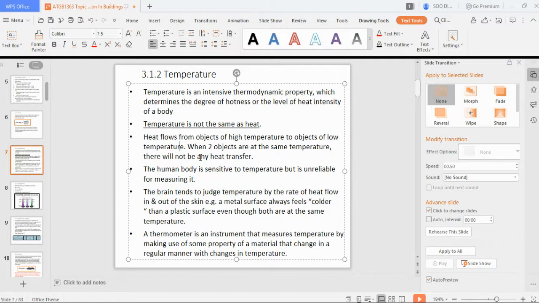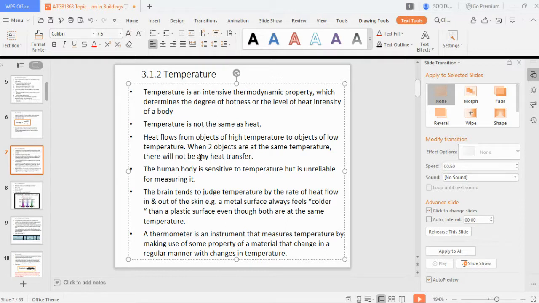So 0 degrees can be a very cold temperature to us, but if you were to take it in terms of the scale of hotness, in a very extreme scenario, say out in space, then 0 degrees is actually very hot.